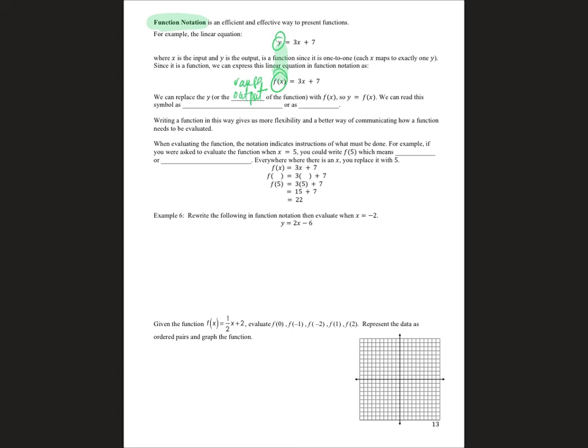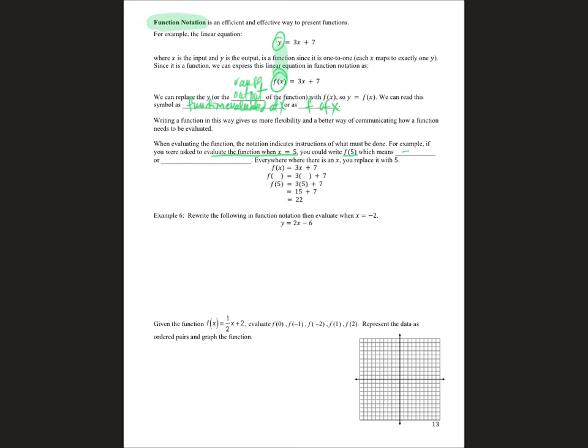We read that symbol as function evaluated at x, or f of x. This is f of x notation, function of x notation. So if I were to ask you to evaluate the function at different values of x, say evaluate the function when x is equal to 5, you would write: what is the function f evaluated at x equal 5?